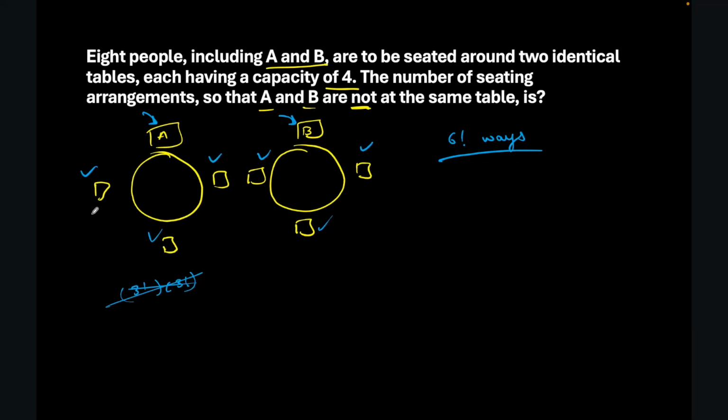Think of this as slot 1, 2, 3, 4, 5, 6: 6 separate spaces where we can place the remaining 6 people. We don't care, it really doesn't matter. Again, it's something that's really difficult to come by intuitively, but I hope it makes sense.